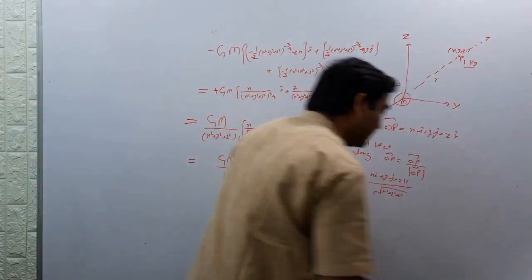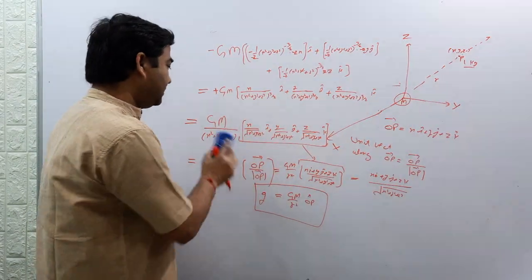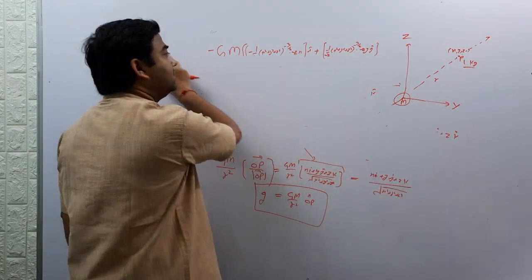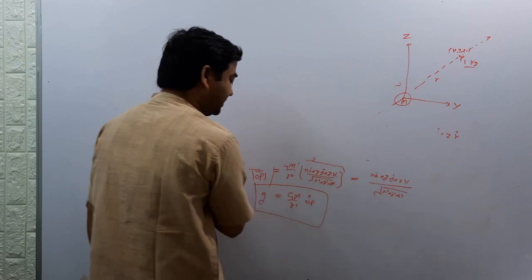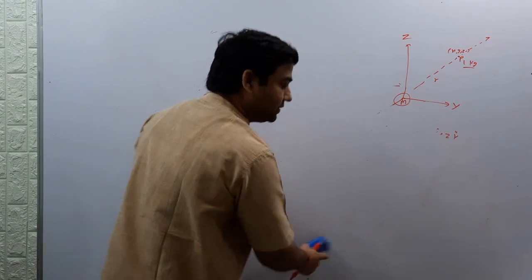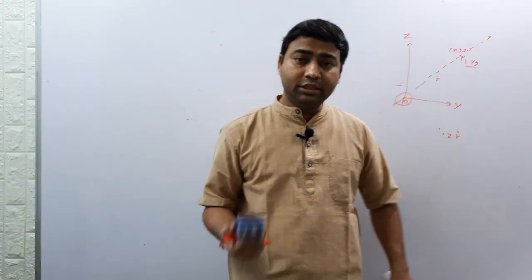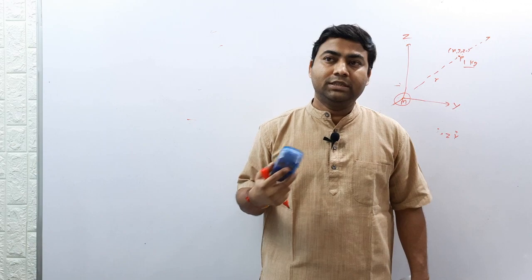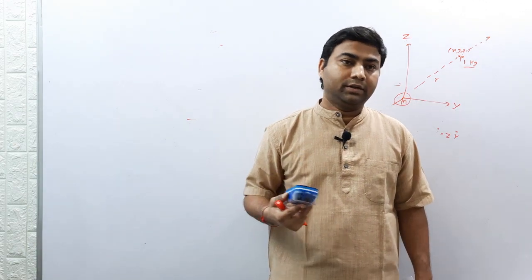So this is another example that gradient of a scalar field is always a vector field. So here we found this vector field, gravitational field G, by finding gradient of potential energy field, that is scalar.